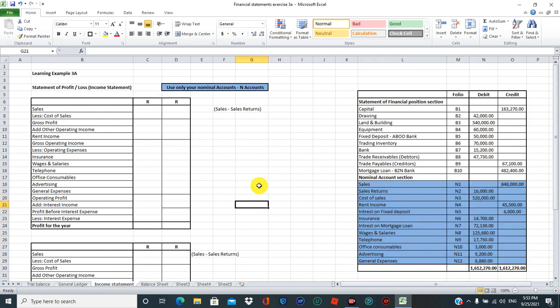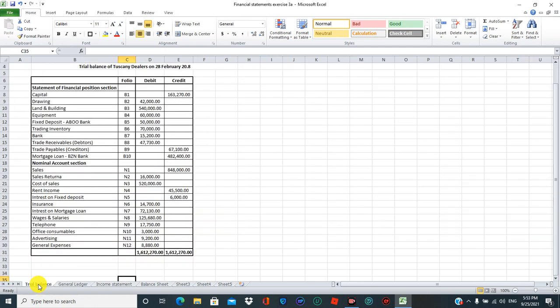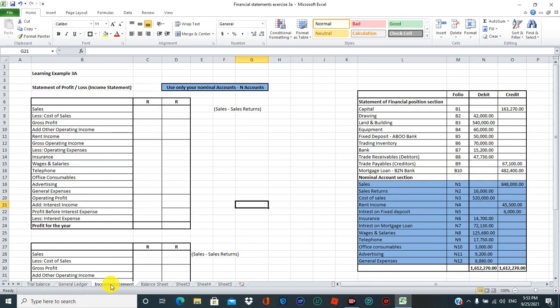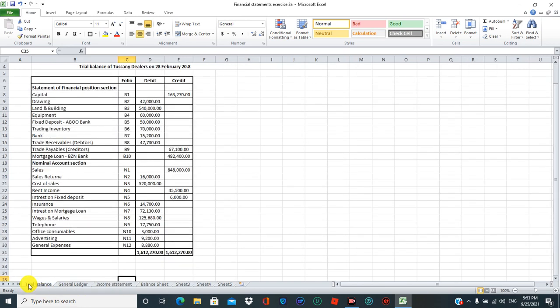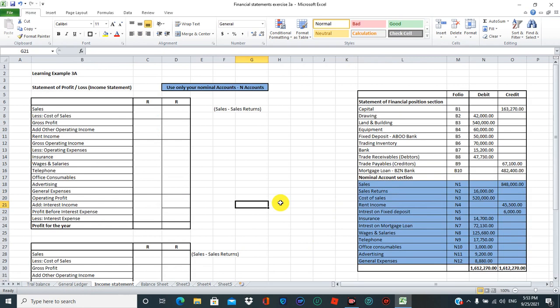As you can see, I've just moved that same trial balance. I just copied the trial balance, and we are going to do the statement of profit and loss, which is also known as your income statement.